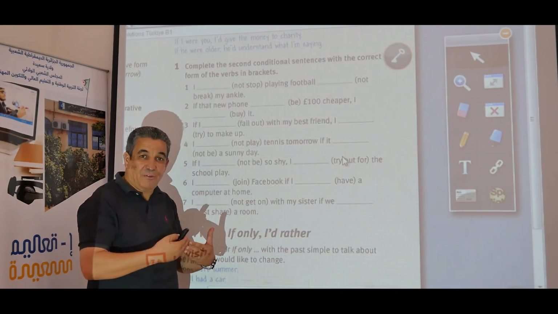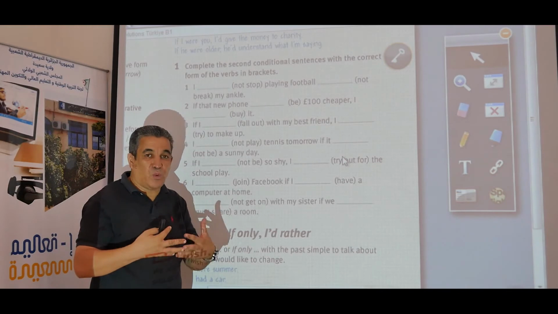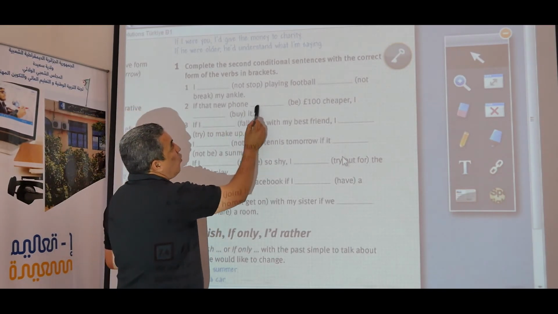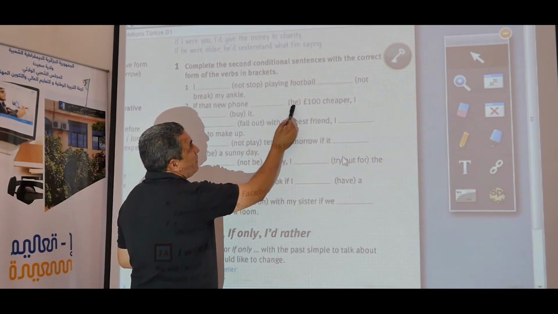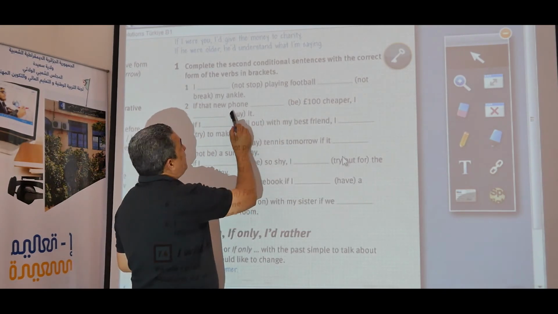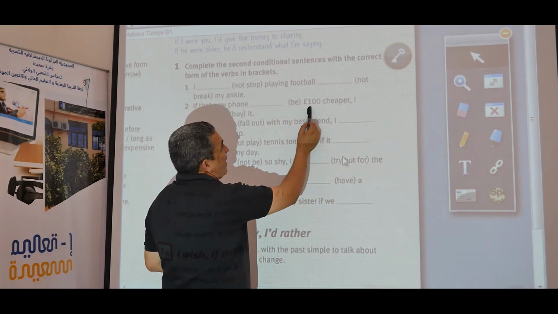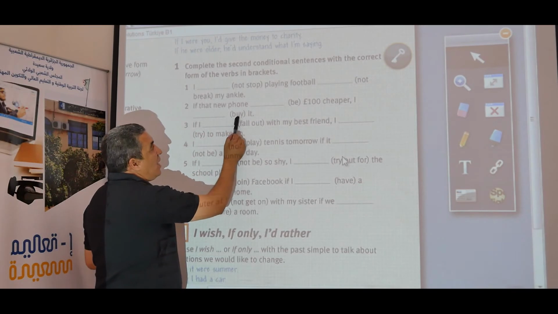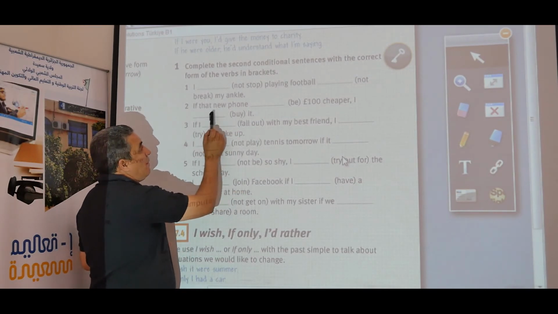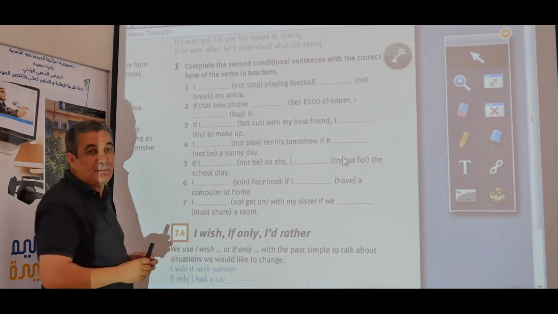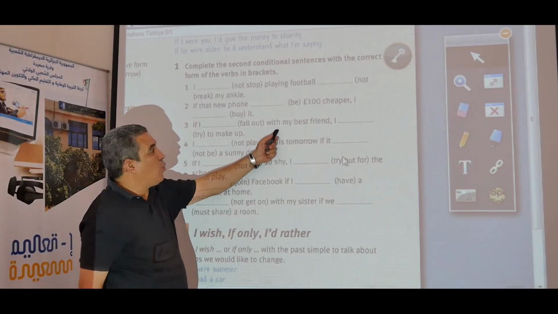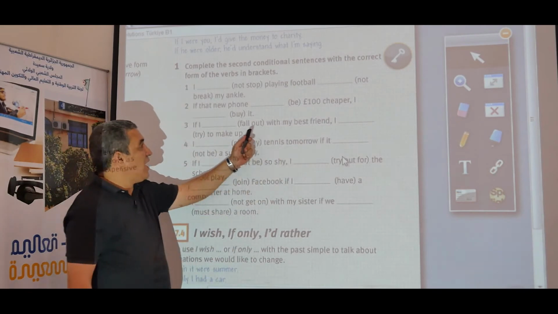So after if there's no was, we use were. So listen, if that new phone were, the simple past of to be, if that new phone were £100 cheaper, I would buy it.